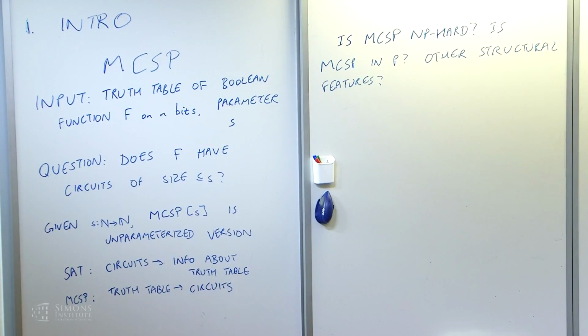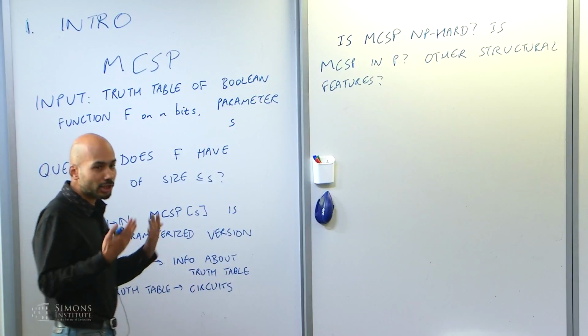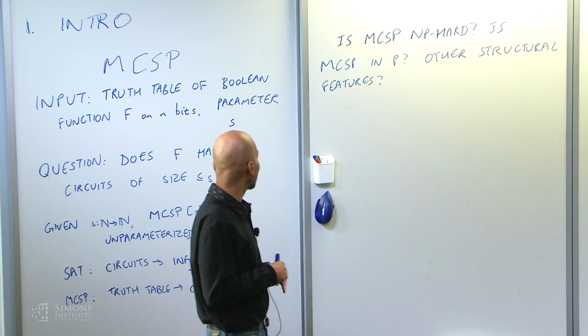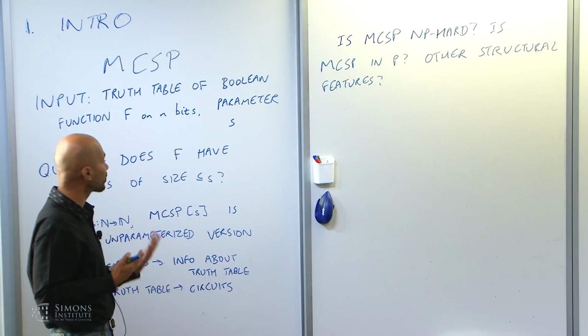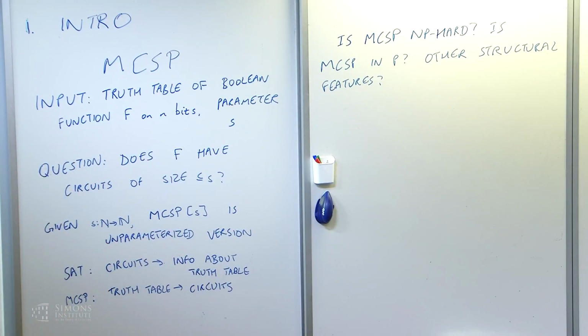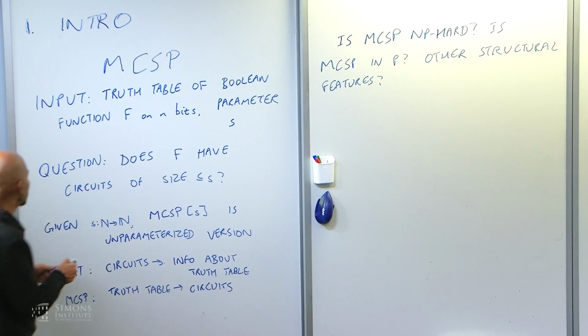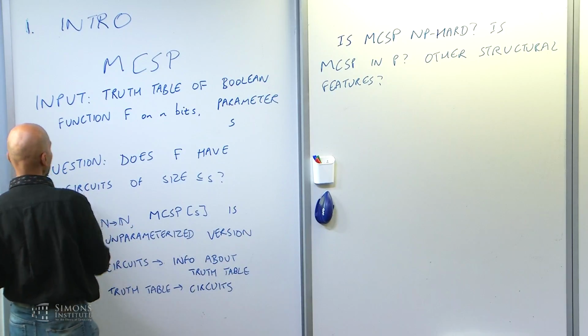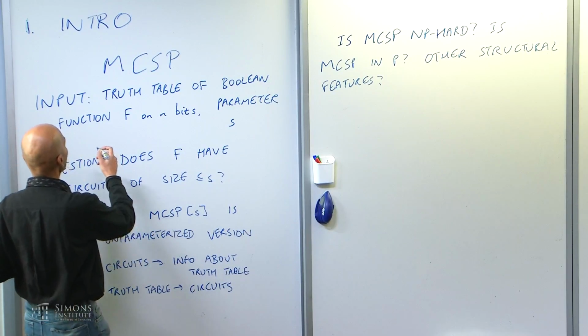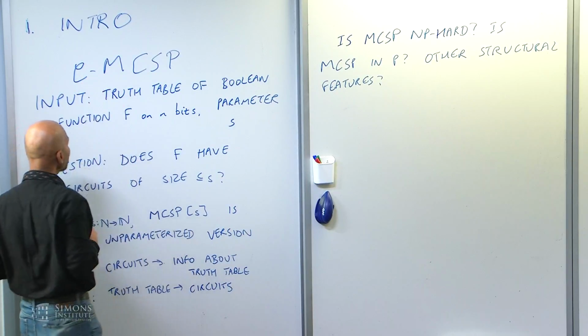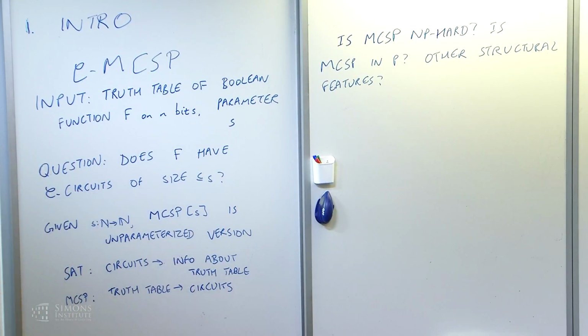There are lots of variants you could ask, several of which are interesting in their own right, and there are interesting relationships between them. One natural variant is, why do we care only about Boolean circuits? How about circuits of other kinds? We can ask more generally, if you have circuits from a class C, does F have C circuits of size at most S, and call that C-MCSP.